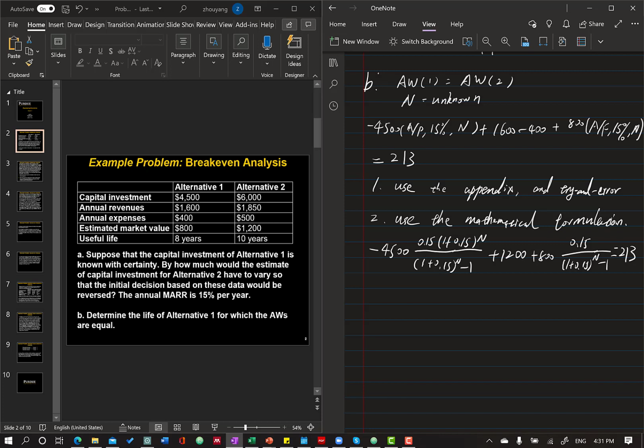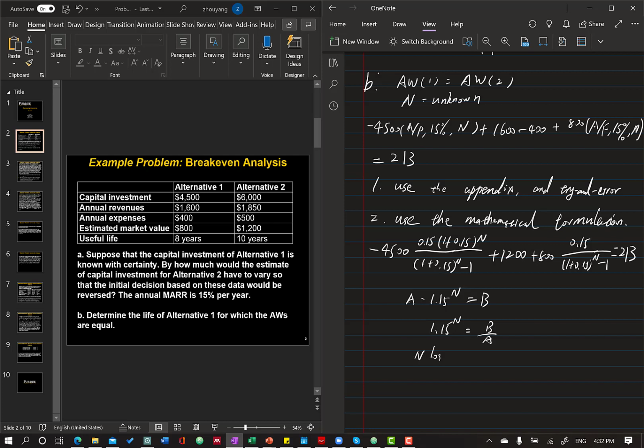And we can just do some algebra, multiply the denominator to both sides of the equation, and then we will get some known number a times 1.15 to the power of n equals some number b. Then 1.15 to the power of n equals b divided by a, and we take the log on both sides.